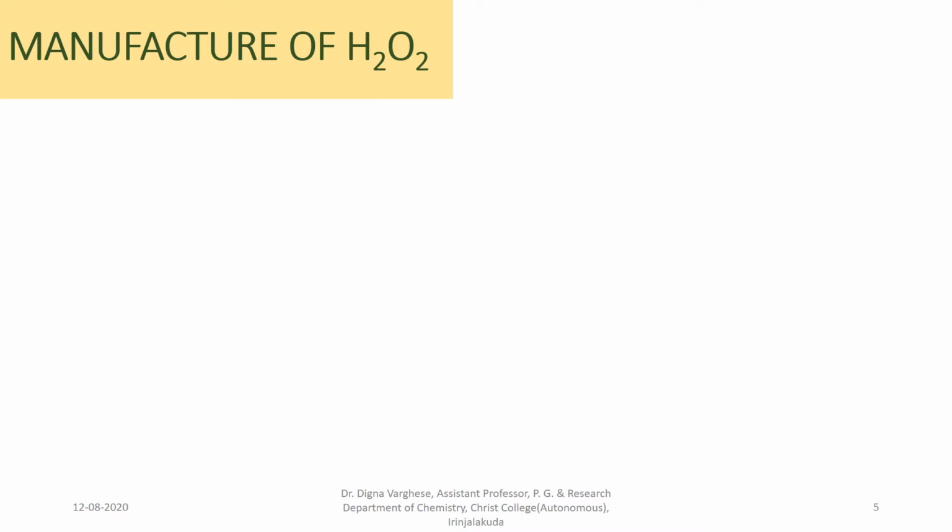Manufacture of hydrogen peroxide. First method is from 50% dilute sulfuric acid by electrolysis. Hydrogen peroxide is manufactured by electrolysis of cold 50% sulfuric acid in a cell containing platinum as anode and graphite as cathode.